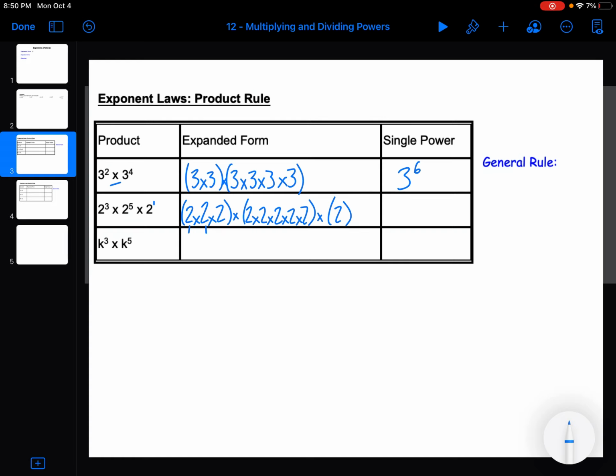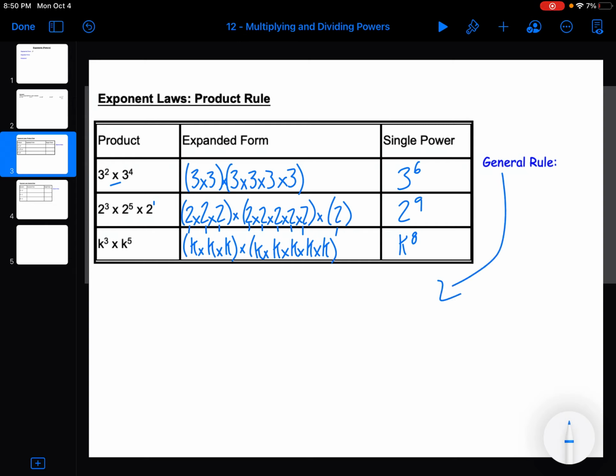So here we've got 1, 2, 3, 4, 5, 6, 7, 8, 9. This is 2 to the 9. Now the same thing here, k times k times k times k times k times k times k times k. Well, that's k to the 8.